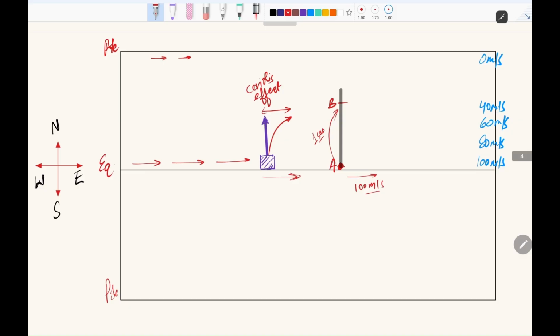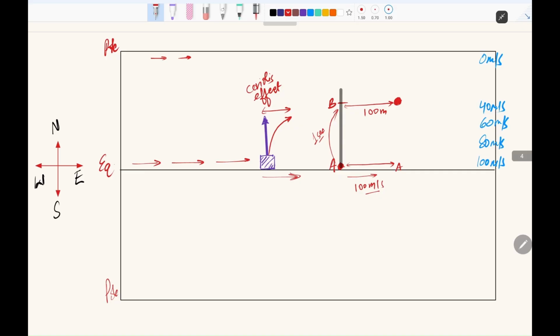So in 1 second the ball will move from person A to B, and also it will move 100 meters to the east, right? Now due to inertia itself, person A will also move 100 meters to the east. So person A will come to this place, and the ball will land at this place, right?